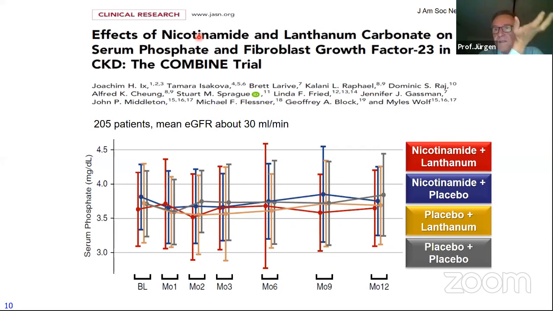I should increase my phosphate transporters. And that you can block with nicotinamide. However, in these 205 patients with a GFR of 30, adding nicotinamide to lanthanum was no better than adding placebo to lanthanum. So here it didn't really work.